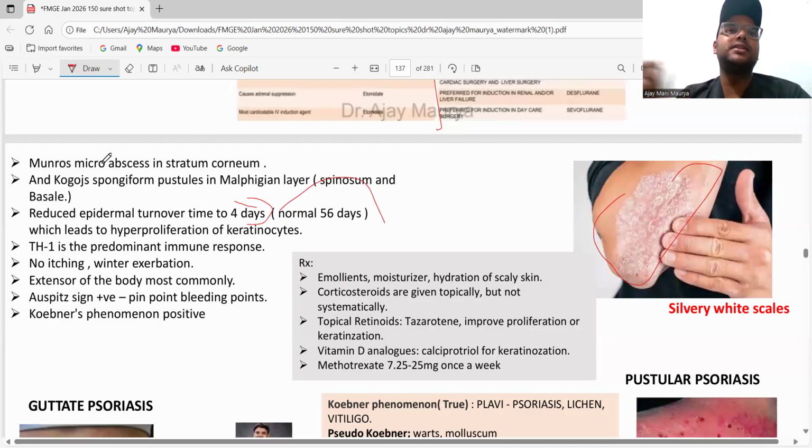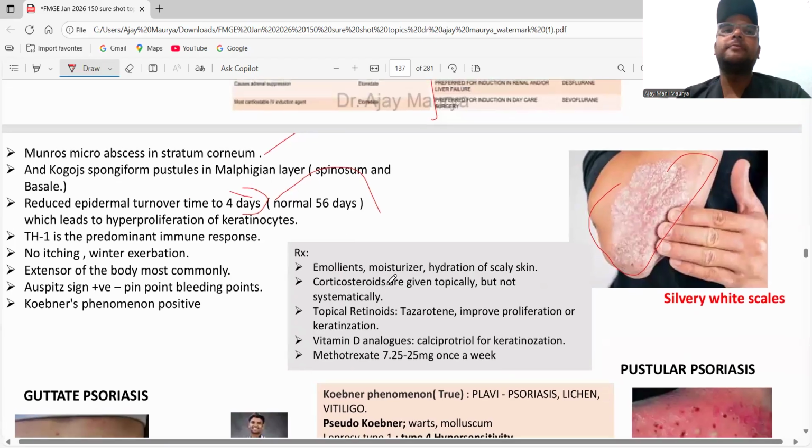And also see there is Munro's microabscess in the stratum corneum. In some questions they will ask like this: there is a Munro's microabscess present. It means they're asking about psoriasis only.